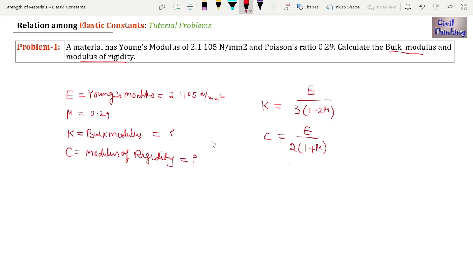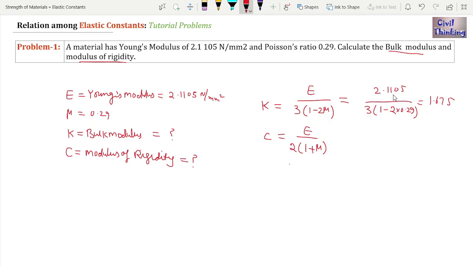Now for the bulk modulus, we will put the values here. E is 2.1105 Newton per millimeter square, divided by 3 multiplied by 1 minus 2 mu, where mu is 0.29. When you solve this using the calculator, I got the value 1.675.